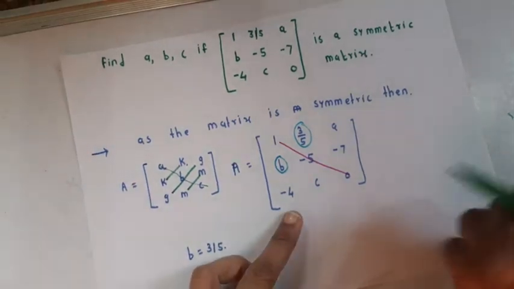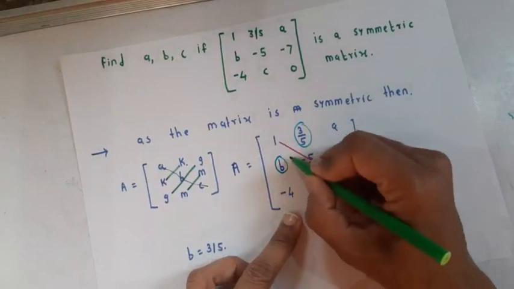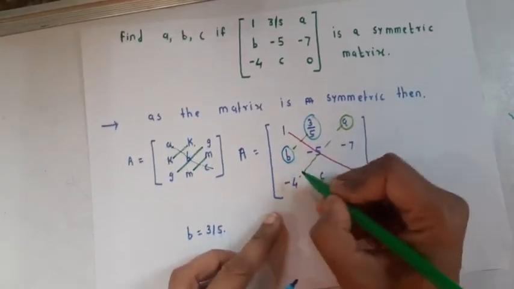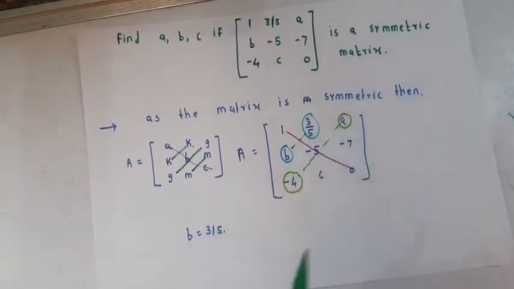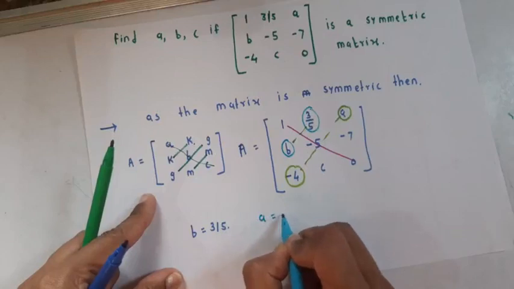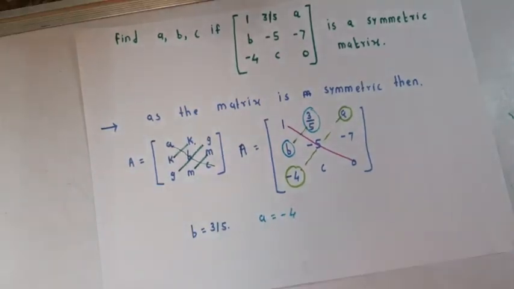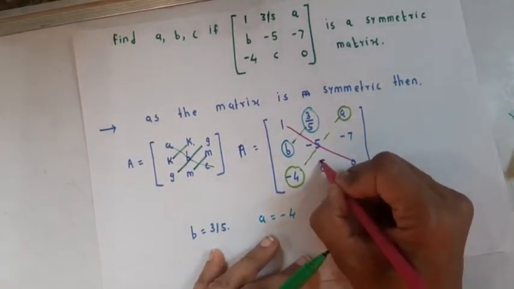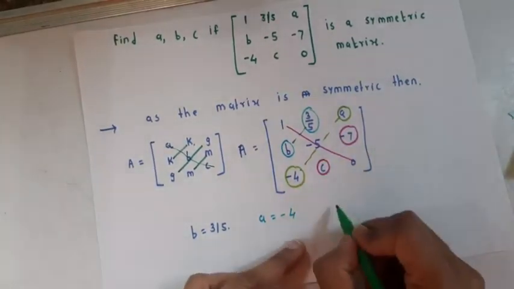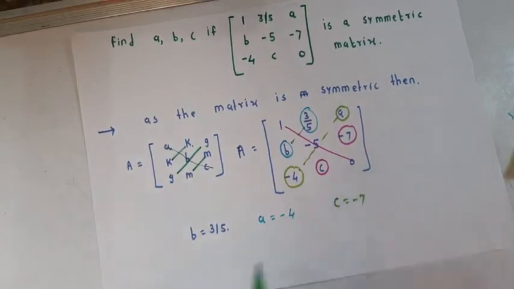A is symmetric with this, because by using the symmetric property, this implies A equal to minus 4. Okay, and C is symmetric with minus 7. Therefore, C equal to minus 7.